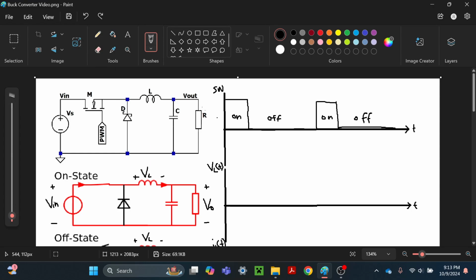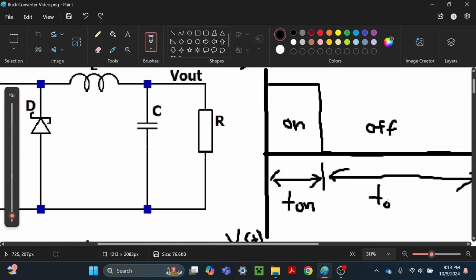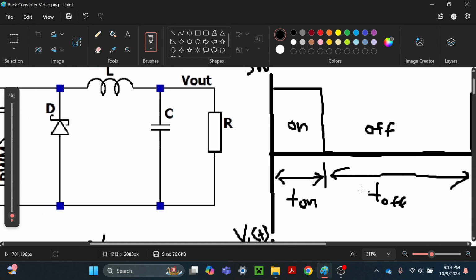How do we solve that? So the switch is turning on and off, and this is going to be labeled as T on, and then this is going to be T off.